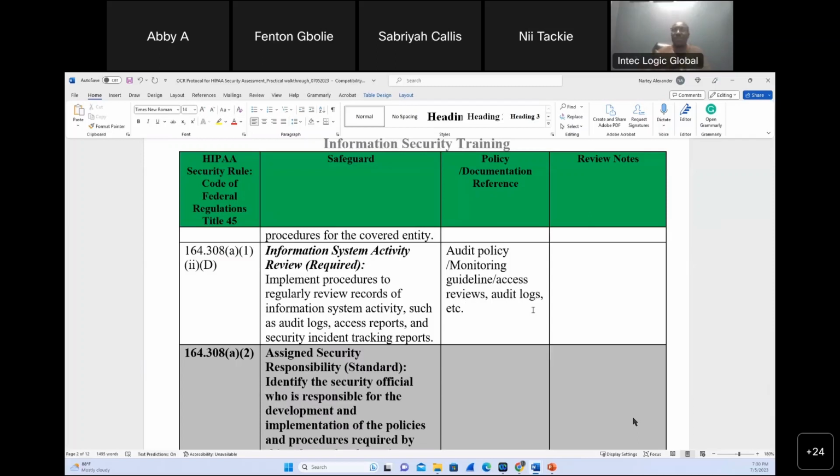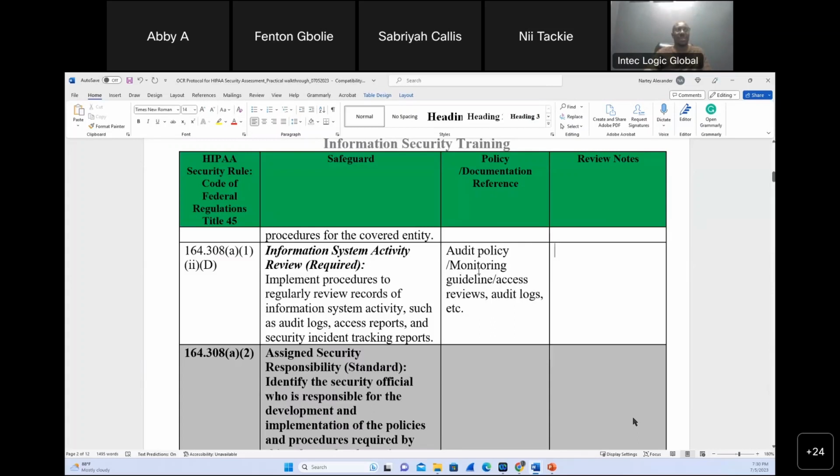They can give you information about how this covered entity reviews its systems to make sure that people are doing the right thing. This is what they follow, right?